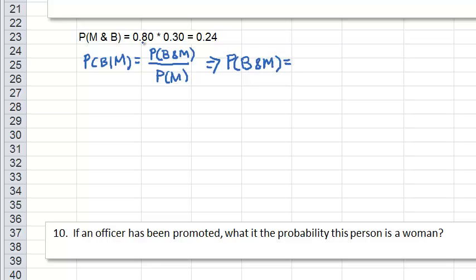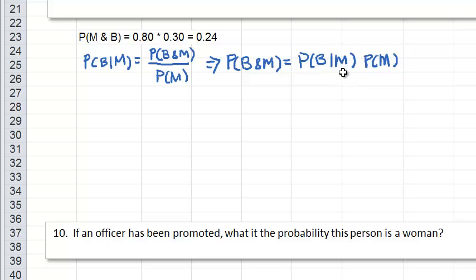So to get the joint probability, I take P of B given M times the probability of M. This is the formula for getting a joint probability by multiplying the conditional probability and the marginal probability. That's the same thing we did here: 0.8 is the probability of M, and 0.3 comes from the probability of promotion given a male officer.